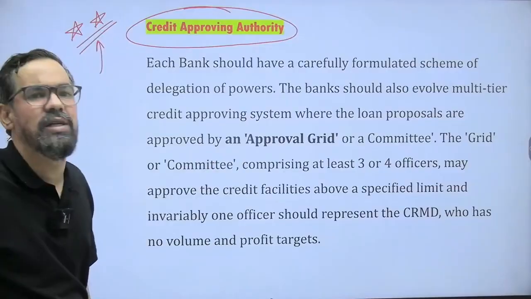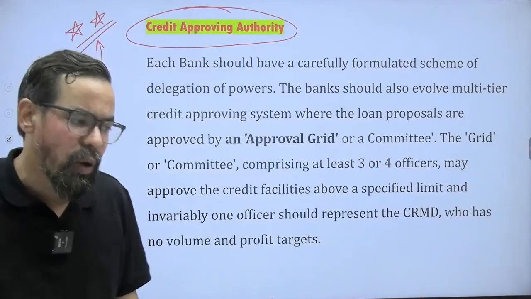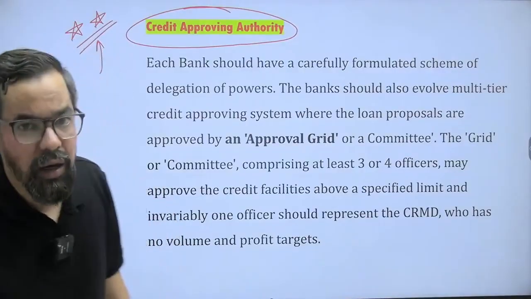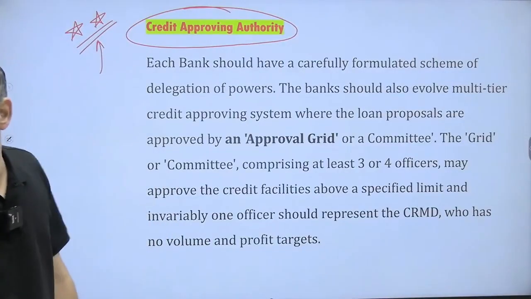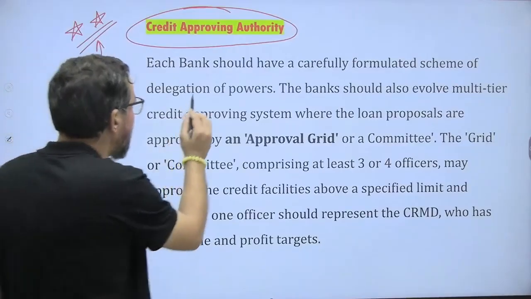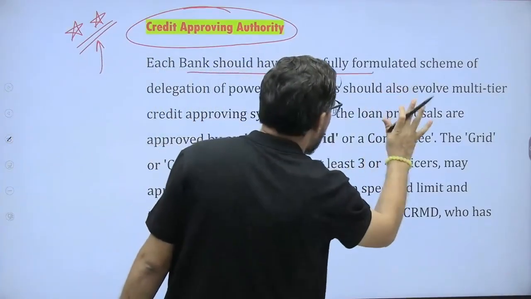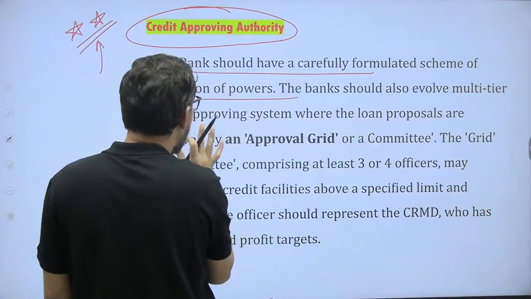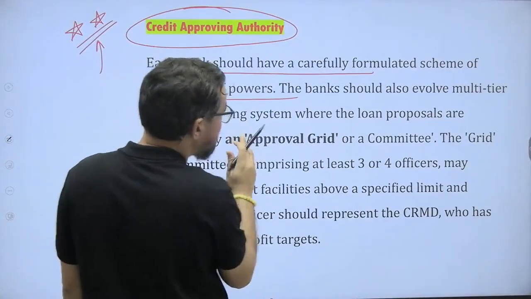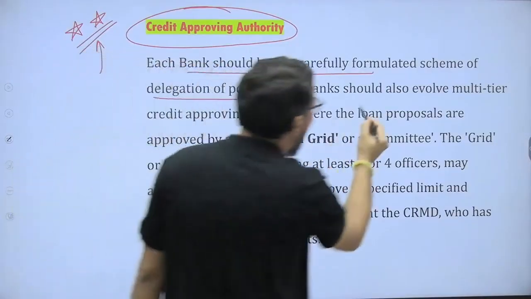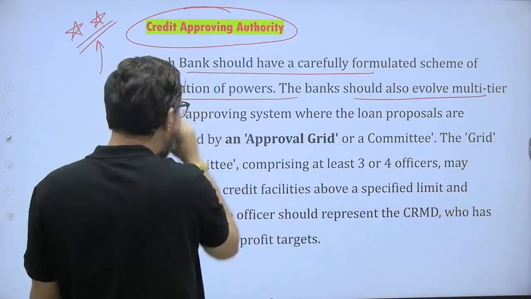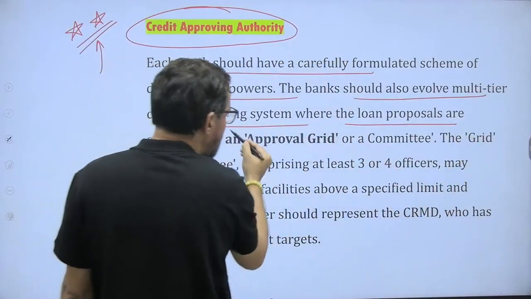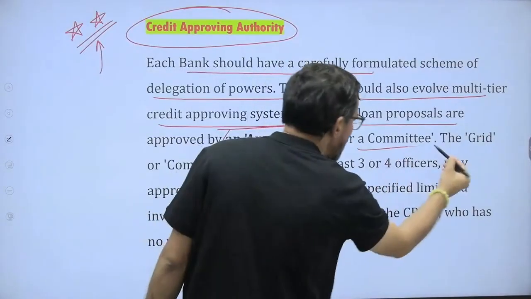So basically this is the team who is going to sanction the overall loans and approve whatever assets we are creating for the bank itself. Very important one. Each bank should have a carefully formulated scheme of delegation of powers. The bank should also evolve a multi-layer credit approving system where loan proposals are approved by approval grids, which is also known as an approval committee.